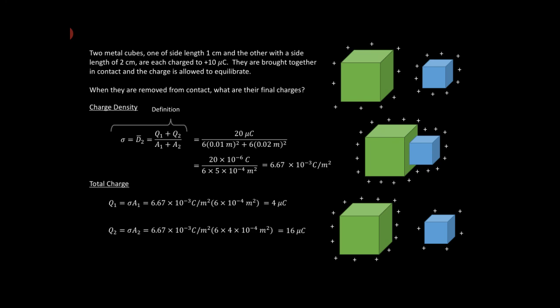To go through this one, we end up with a fairly simple procedure. First, we take these two blocks and add their charges to get 20 microcoulombs, then add their areas to get about 30 times 10 to the minus 4 meters squared, which is 30 centimeters squared, which is fine.